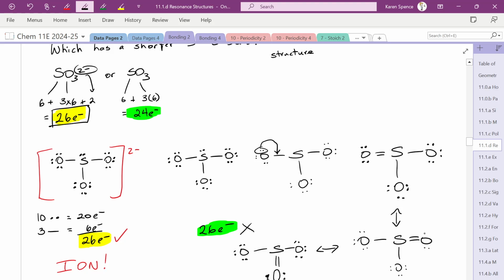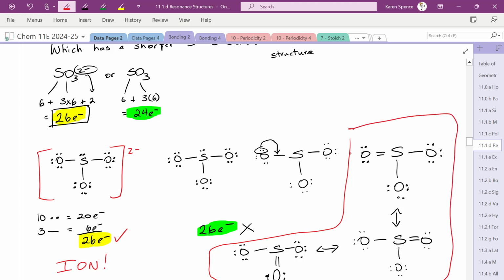It's exhausting, isn't it? Okay, that's what you should have gotten for your two structures. The one in the brackets on the left is your SO3 2-, and it has no double bonds. The SO3 with no 2- has one double bond. So what is the bond order here?